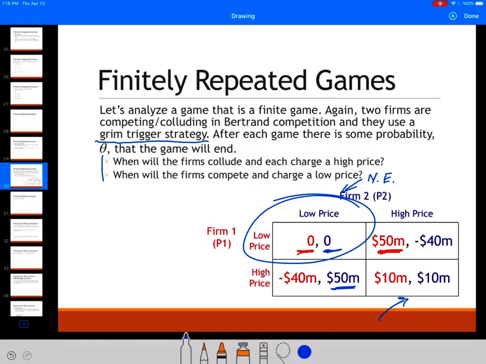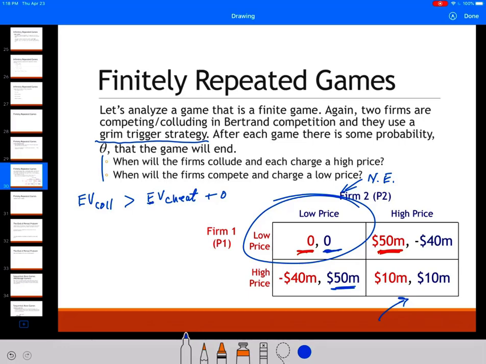So they will collude when the expected value of colluding is greater than the expected value of cheating, because thereafter they're going to make 0, right? They end up back at this Nash equilibrium point.